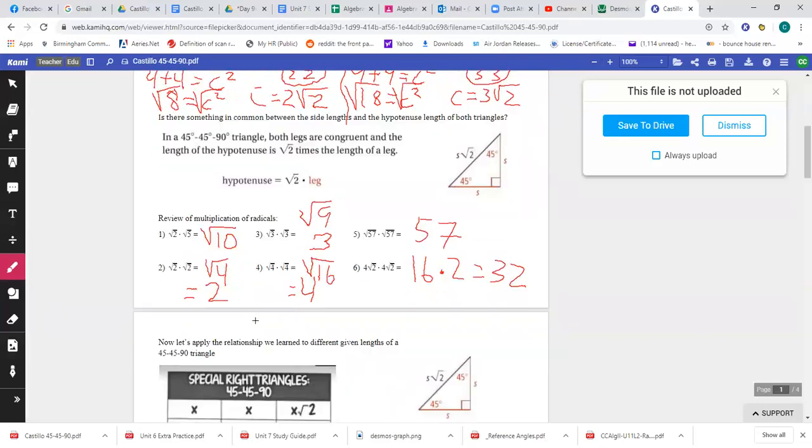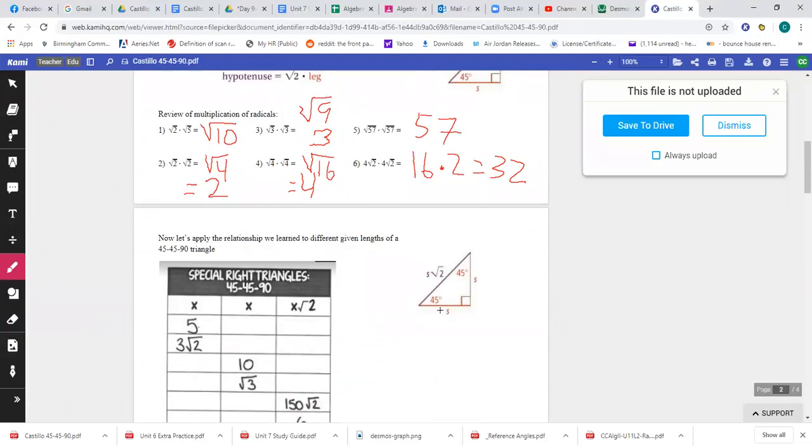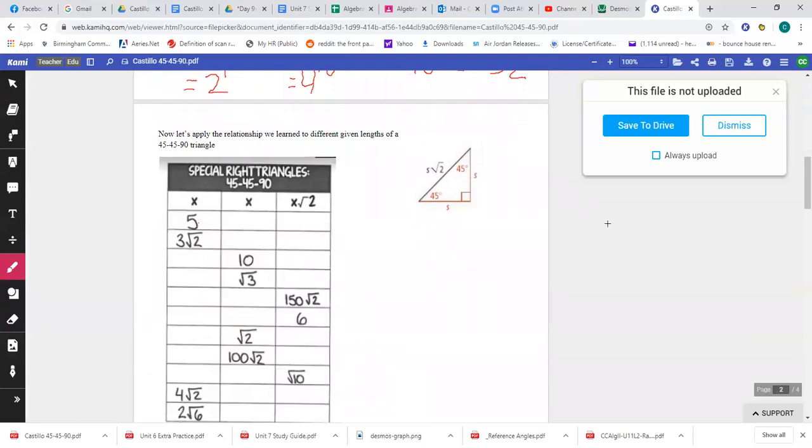Okay, so now we're going to go back to the 45, 45, 90 triangle. So if I have a 45, 45, 90 triangle, remember the rule is the sides are the same, and you just multiply by root 2 to get the hypotenuse.